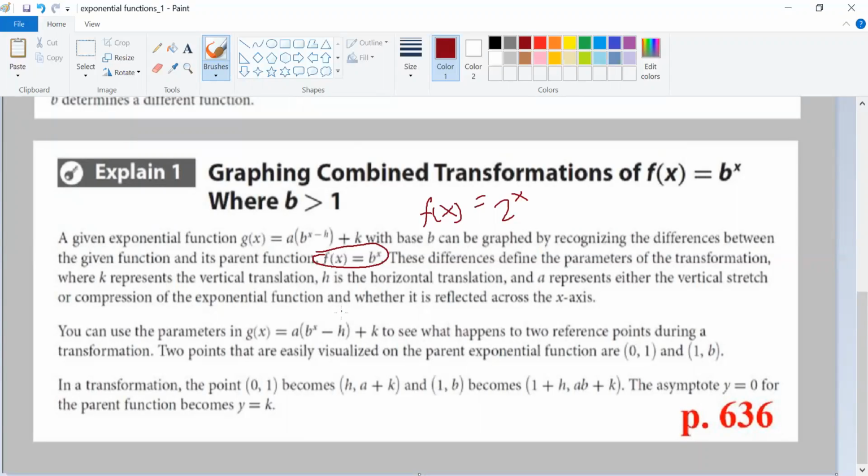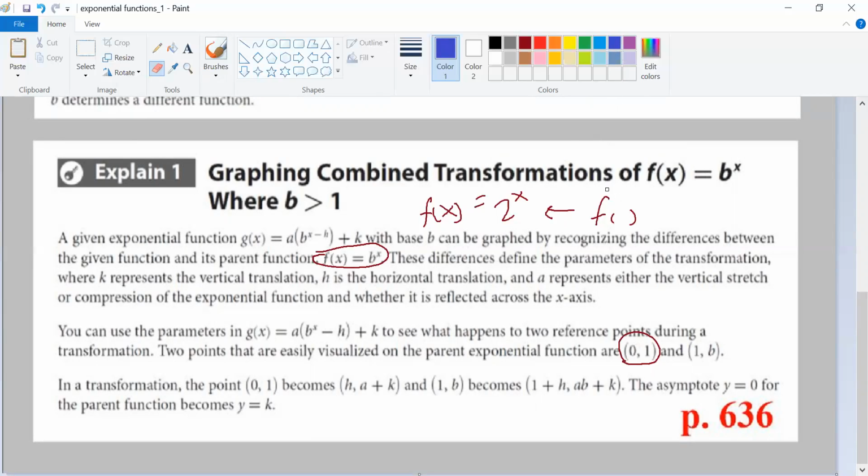And they use critical points. The first point is when x is 0, what happens with the range. For all exponential parent functions, when x is 0, for example, if that was f of 0, let me fix that and make that a 0, because that's what I meant to do.